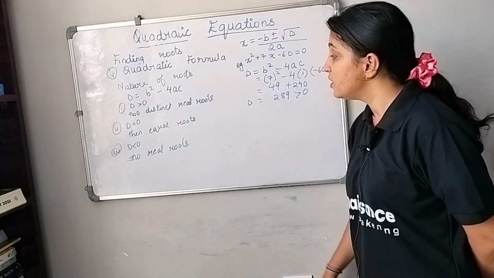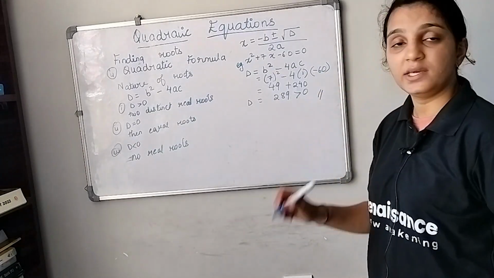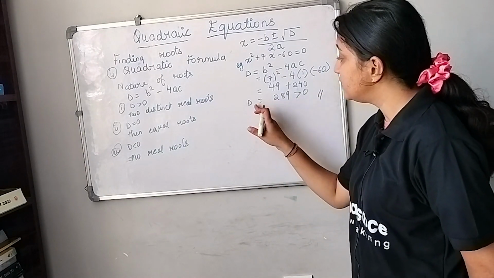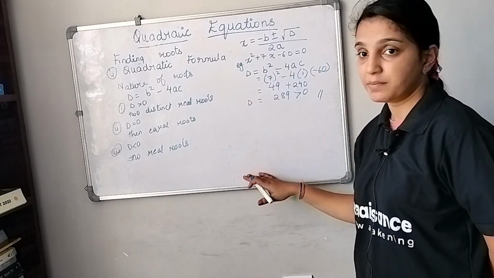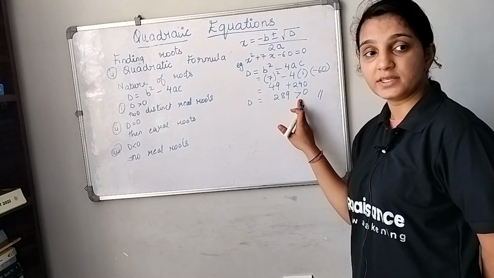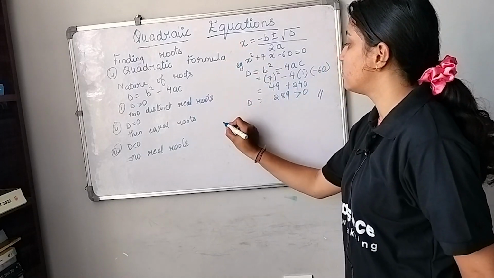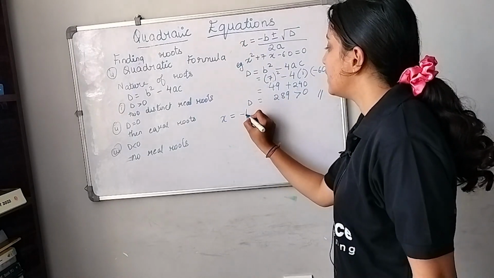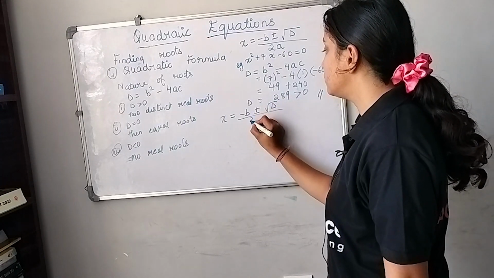Okay, now if you get D less than 0, then you should stop right here. Now we are getting D greater than 0, so we'll move on with the problem. Now the quadratic formula, x equal to minus b plus or minus root of D upon 2a.